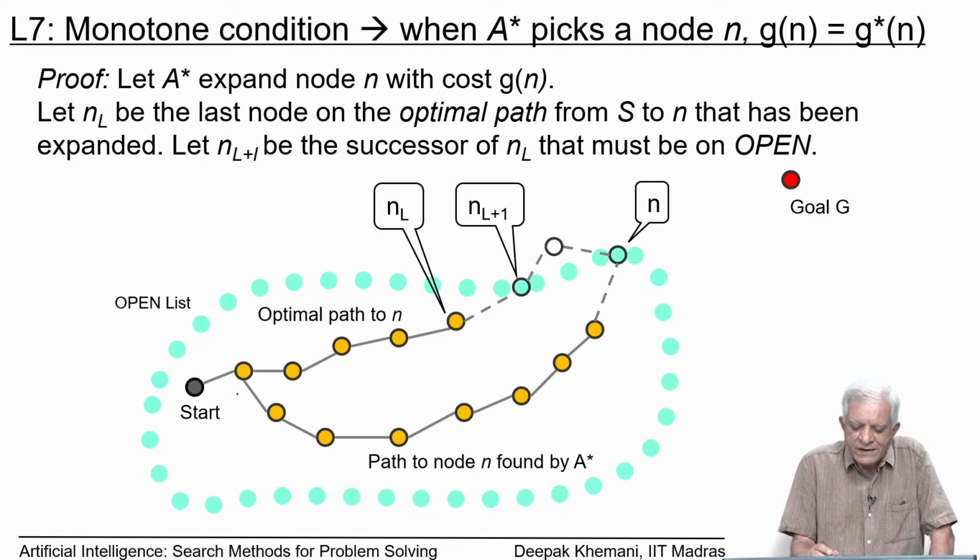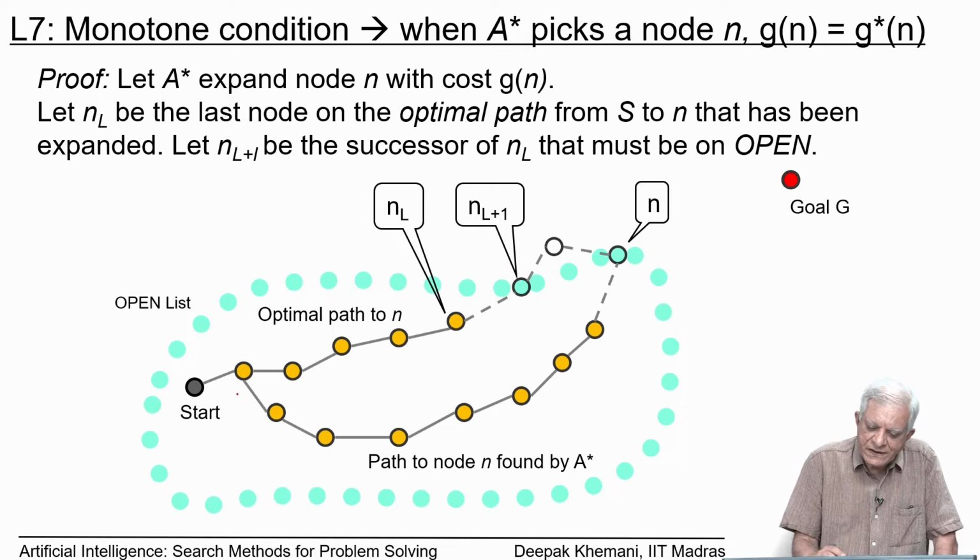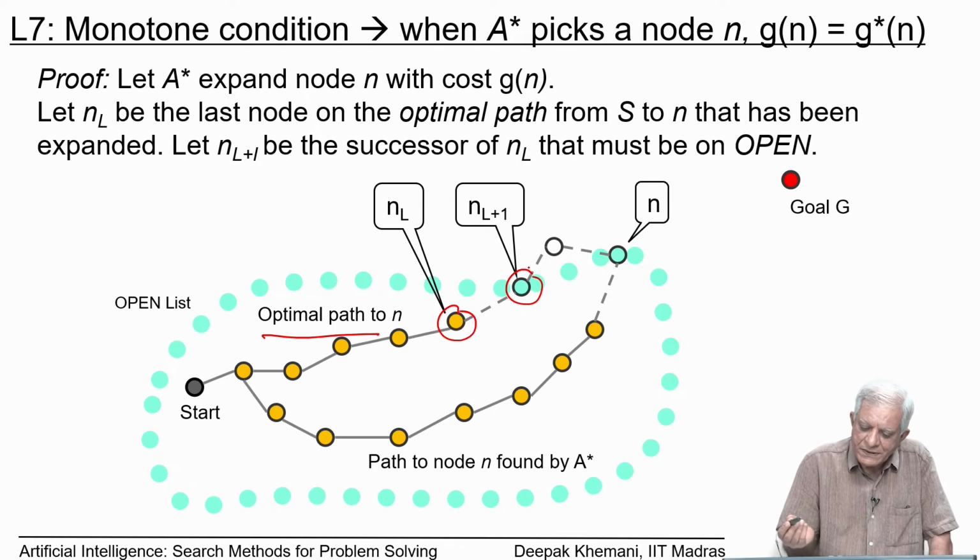As you can see, I have shown two paths going from start to n, and the path on the top, which has n_(L-1), n_L and n_(L+1), is the optimal path. So, we know that this is the optimal path, and on it n_L was the last node expanded, which means its successor was on open essentially.